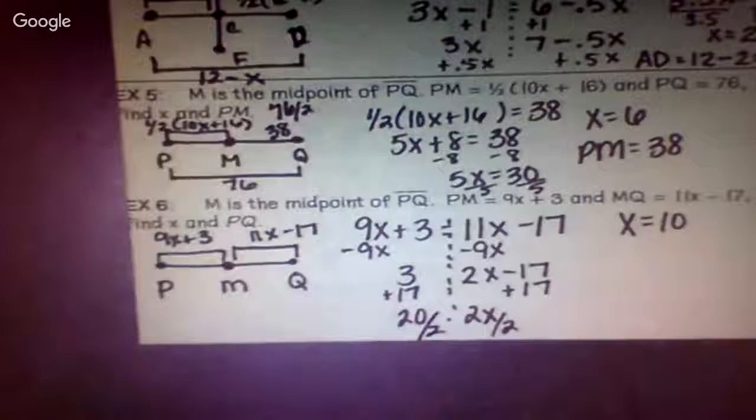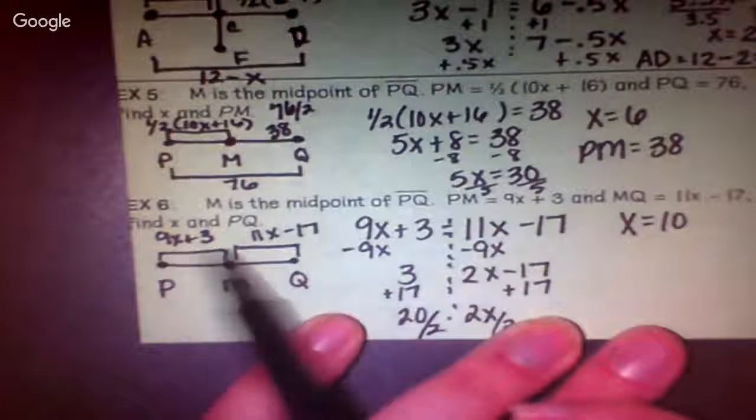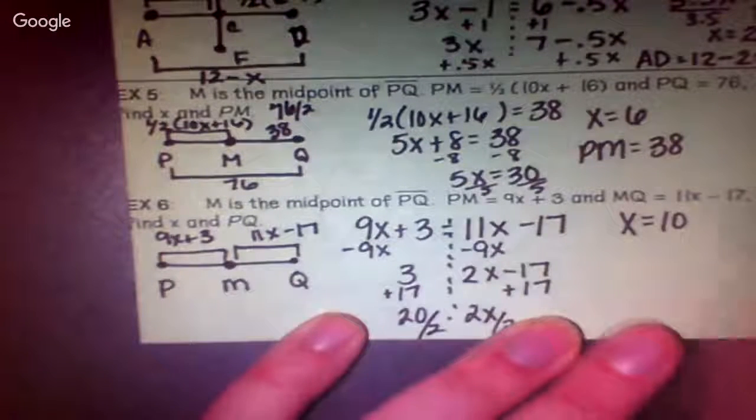Well, there's the first part. Okay. The last piece is asking, what is P to Q? So they want to know the whole thing. Let's figure out what half of it is. We don't know what half of it is yet. We know that x is 10. To find half of it, we need to plug it into one of these equations.